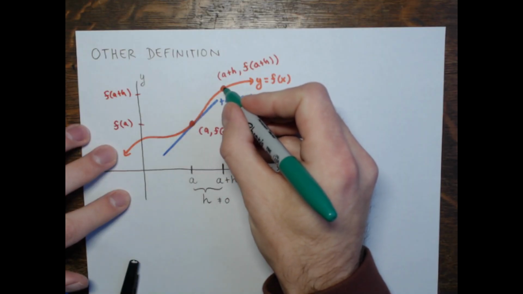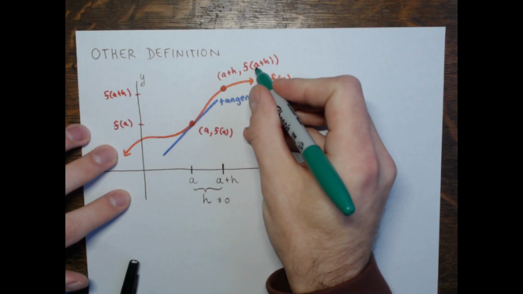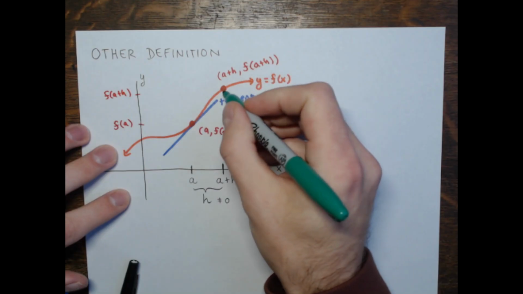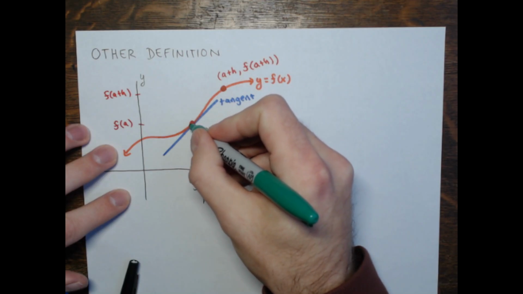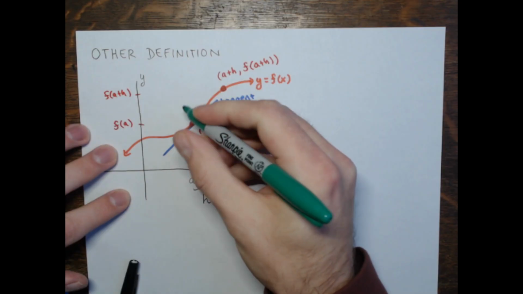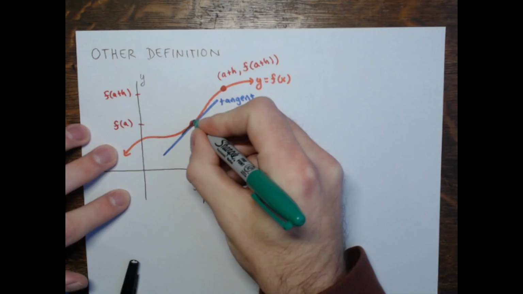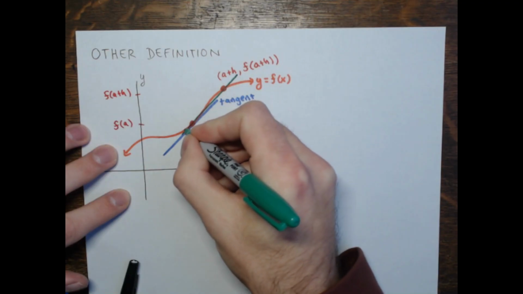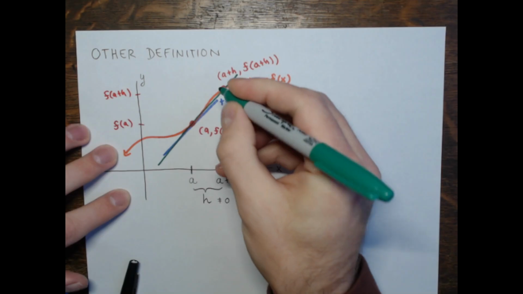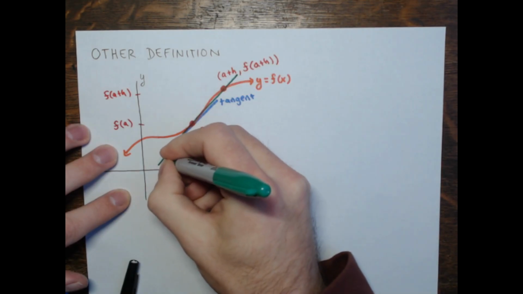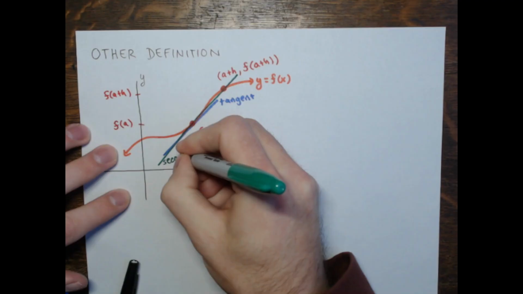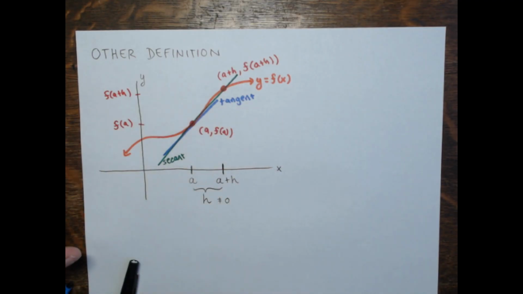I draw a line from this A plus H, f at A plus H point through the A, f of A point, and we get a secant line. And you see how it's close. It's not exactly the same as the tangent line, but if you're close enough to A, the secant line should be close to the tangent line. Right, so their slopes should be approximately equal.